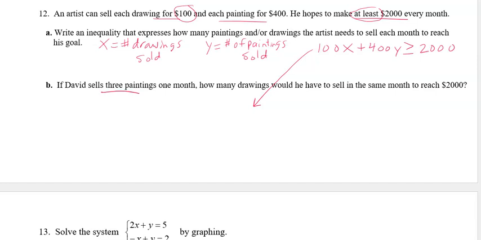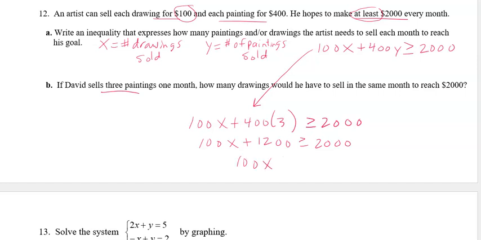Now in letter B, you're going to use that inequality. And he says if he sells 3 paintings, well, y is the number of paintings, so just replace y with 3 and then solve for x. All right, so subtract 1,200 from both sides.